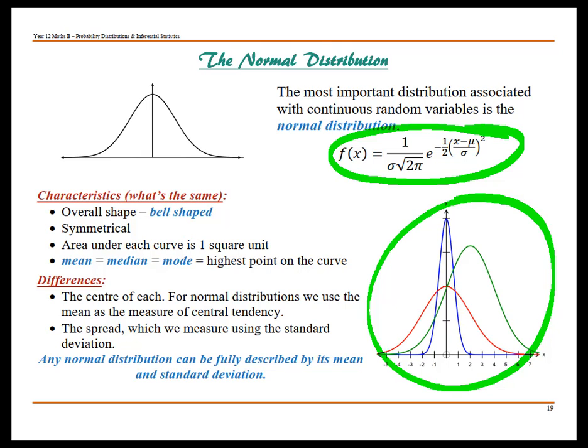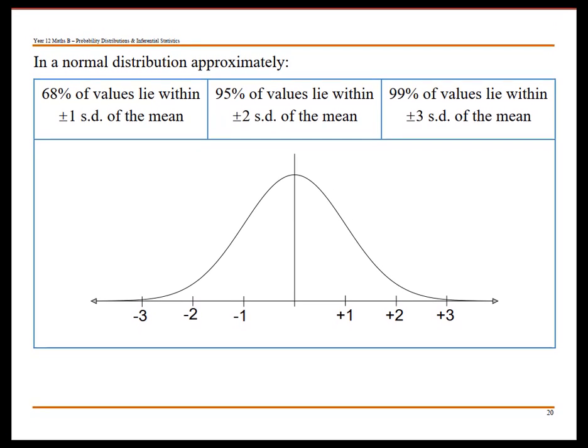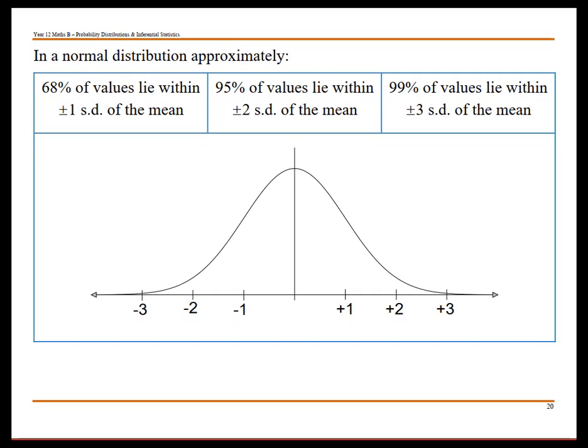Now, any normal distribution can be fully described by its mean and standard deviation. So as long as we know those two bits of information, we can work with our normal distribution. So in a normal distribution, we know certain things about it, and that's why we can work with it. So 68% of the values lie within one standard deviation. So this is +1 -1.